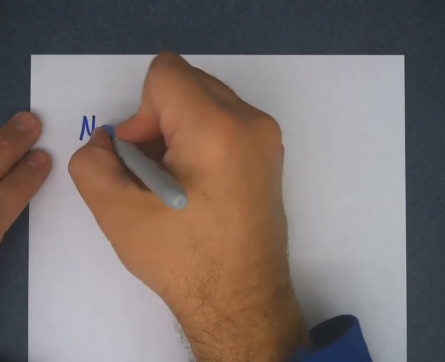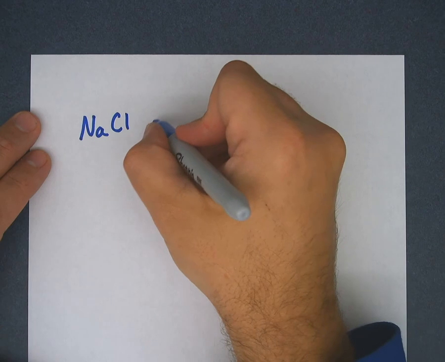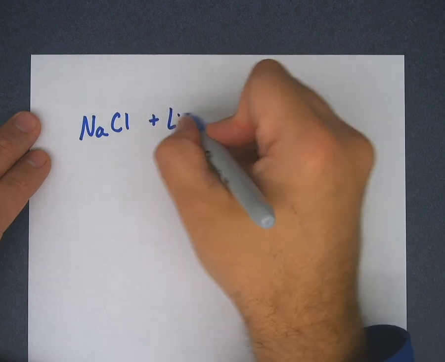So if I wanted to give you some double replacement reactions, these are pretty common in the lab too, right? I could do this. Let me give you one where there's no polyatomic ions first. What if I gave you NaCl and I gave you LiBr?